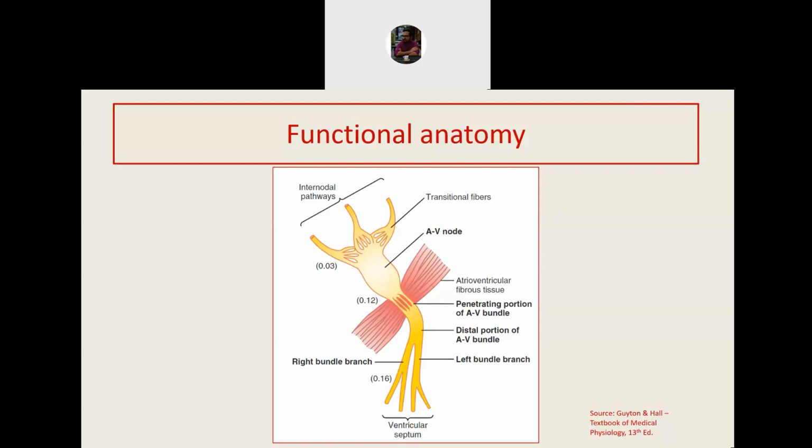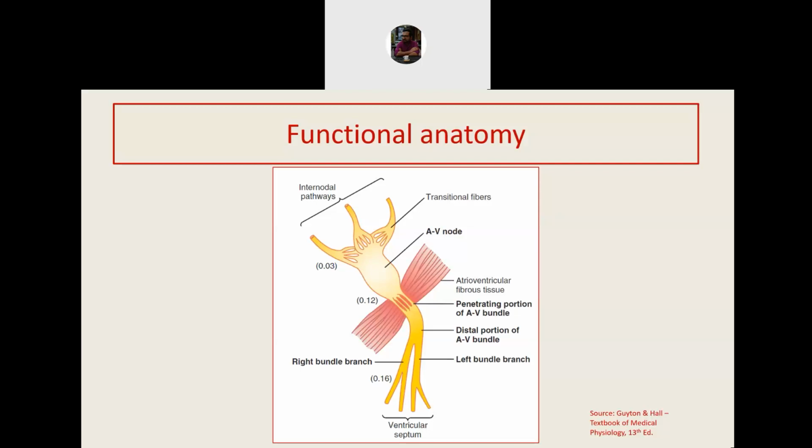However, their conduction velocity is very fast, mimicking the activity of nerve action potential. So the only thing that differentiates these junctional tissues from the working myocardial cells is a faster conduction velocity. Mitochondrial content is definitely low, and also the striations are effectively low in junctional tissues of the heart.